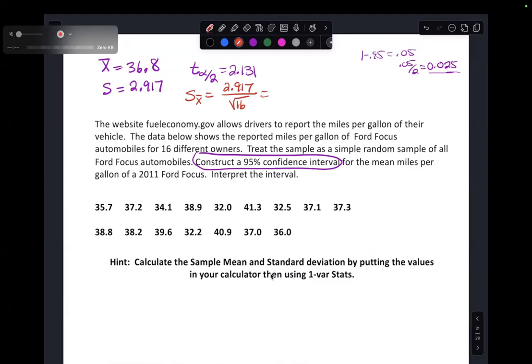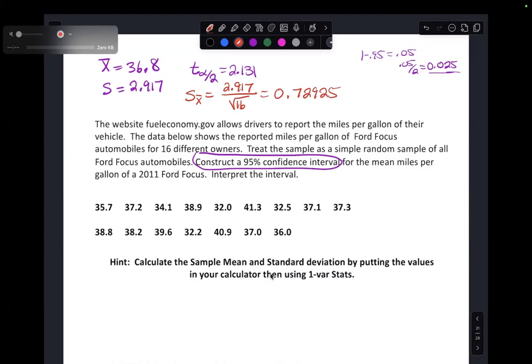I know there's a lot of little baby steps here. So you square root the sample size, and you don't minus it from that? Right. You just square root.